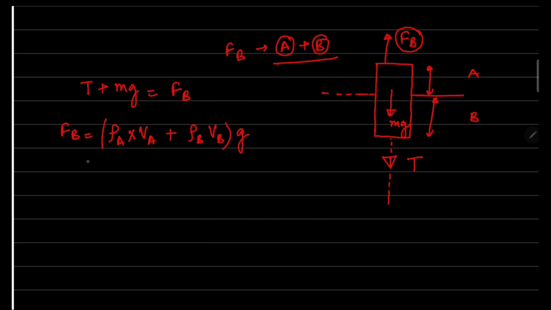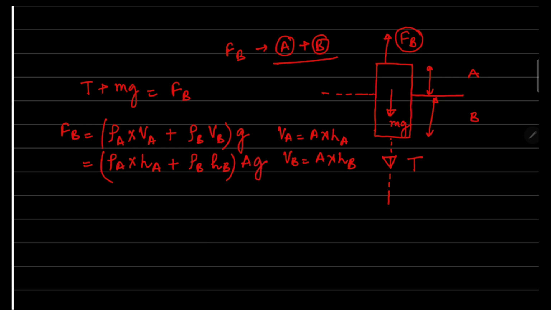So we can rewrite this equation as rho A into HA plus rho B into HB, because VA is equal to area into HA and VB is equal to area into HB. So we can take the area outside, and this G. Now we have to put the values.